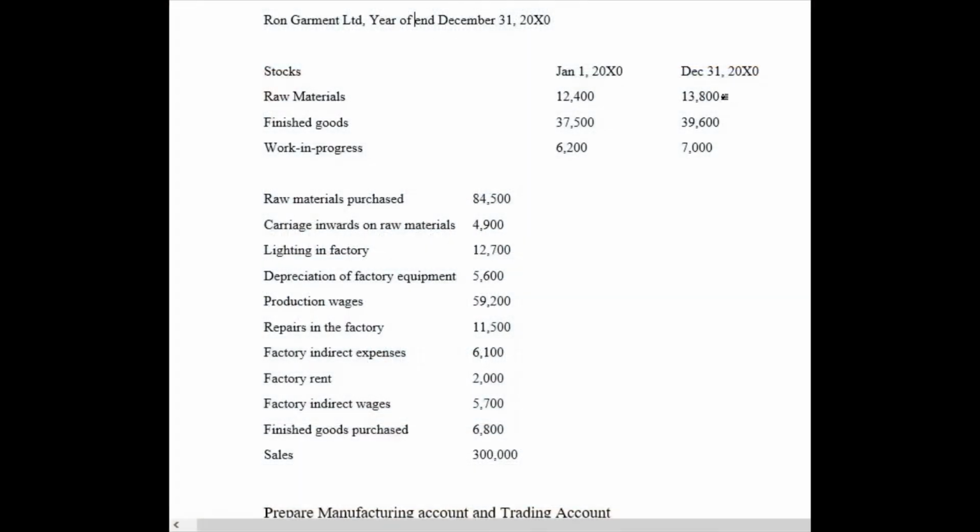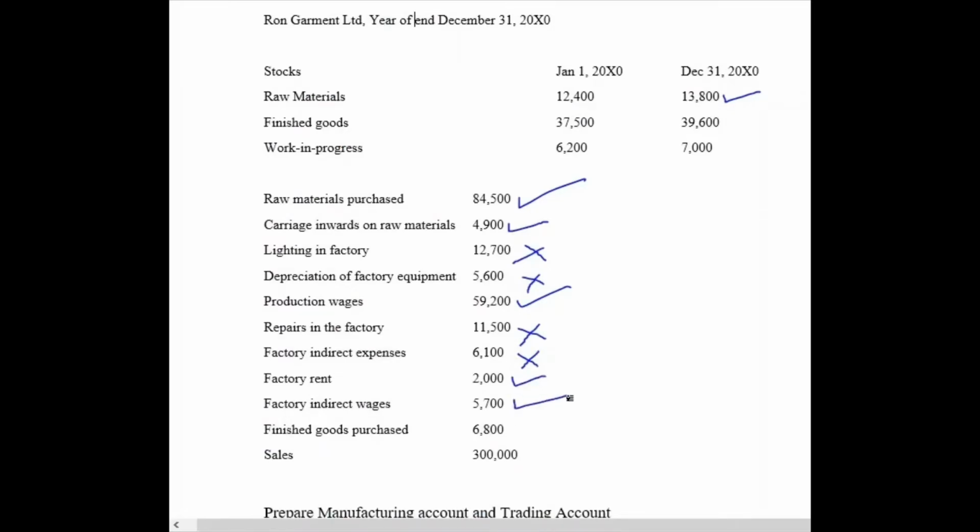So I feel like we are ready for a question. I feel like we have enough information to attempt one. So let's go. This question on the screen has some items and they want us to create a manufacturing account and a trading account. And as we can recall from my previous video, a trading account stops at the gross profit.